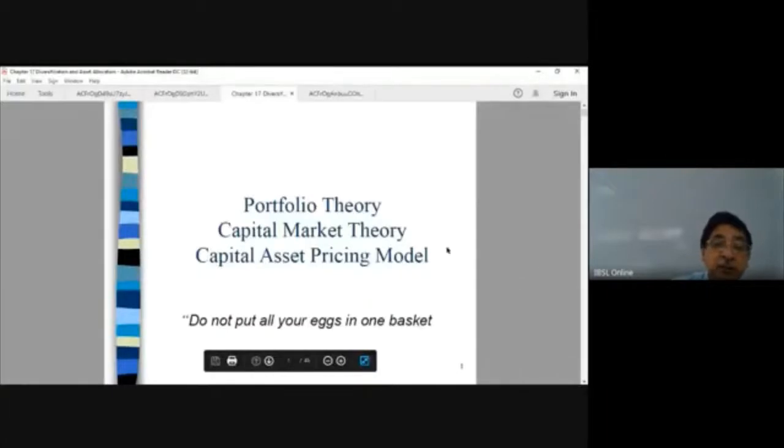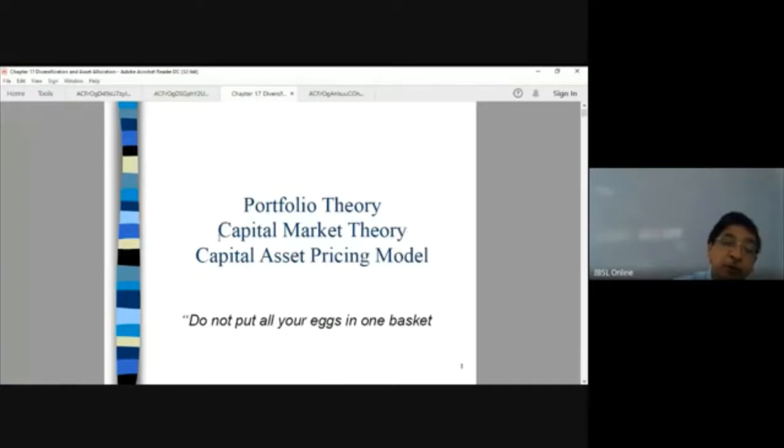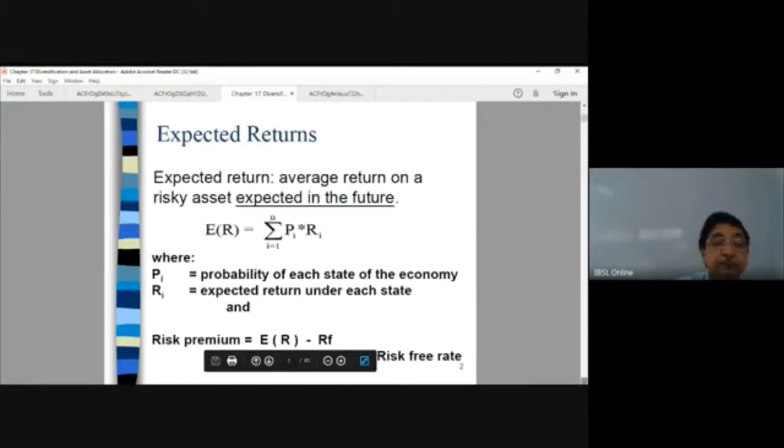I think you can see that this presentation introduces portfolio theory, capital market theory, the capital asset pricing model, all those things are included here, but I will just go into the things which we have already learned. Right. Now these are the expected returns, which we studied, and the symbolic expression is given here.